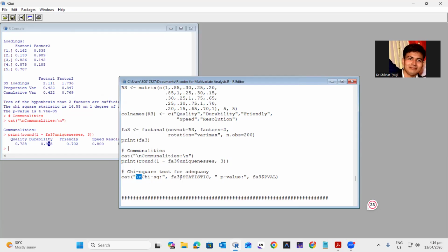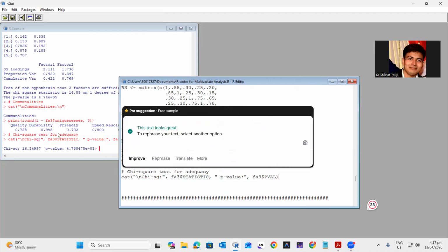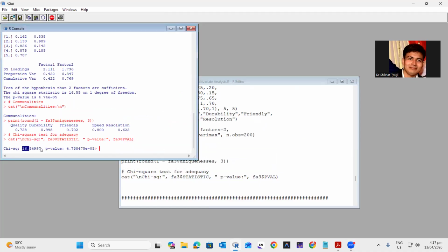FA3 dollar statistic will extract the chi-square test statistic, and for the p value we store FA3 dollar PVAL, which extracts the corresponding p value. So we will check this. This is the value of your chi-square test statistic, and this is your p value.